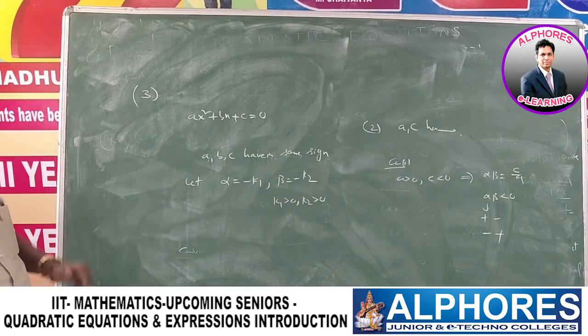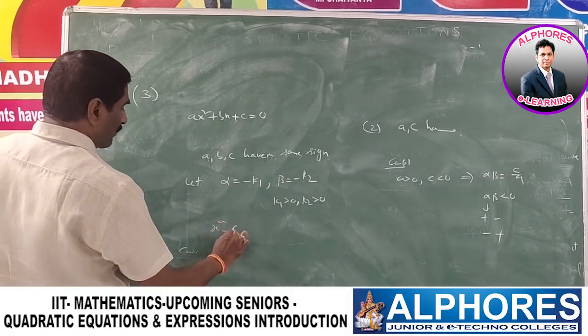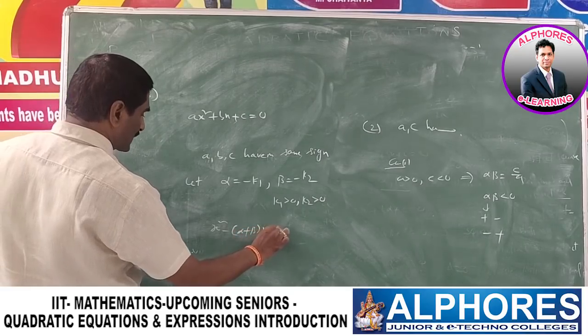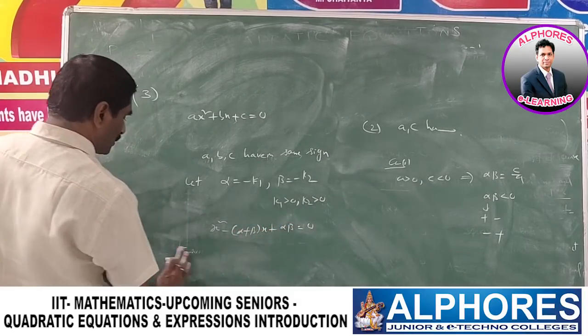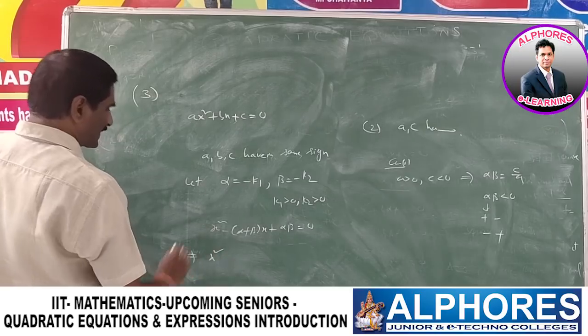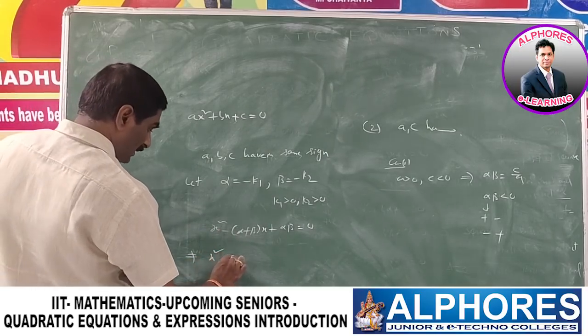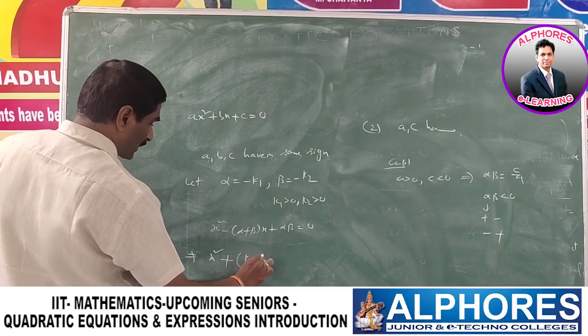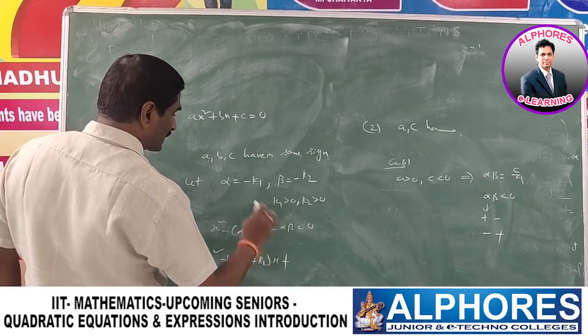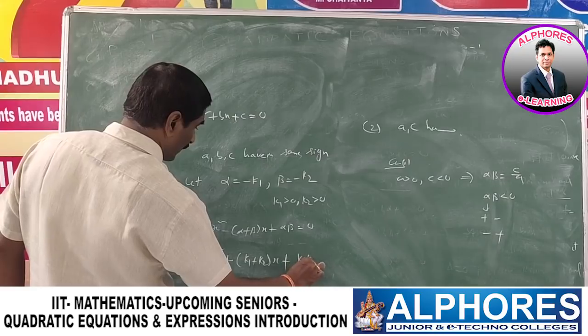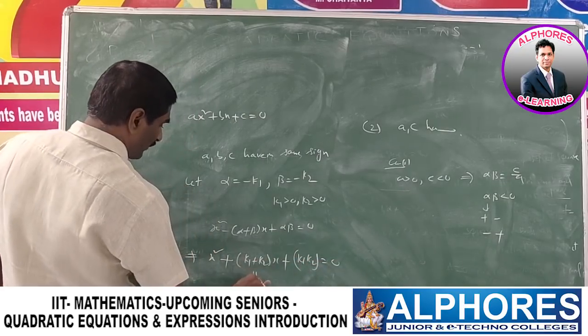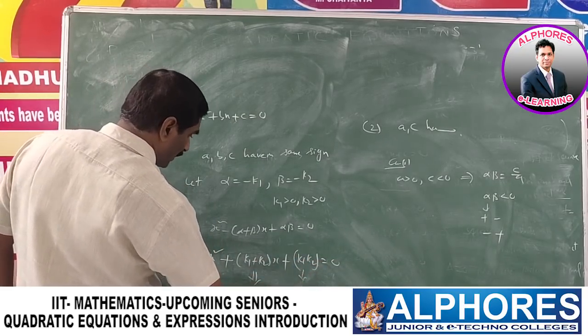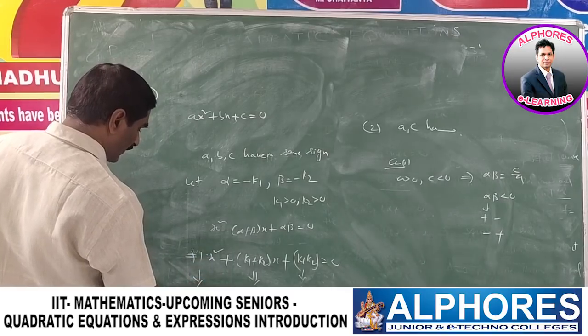Then the quadratic equation is x square minus alpha plus beta into x plus alpha beta is equal to 0. That means x square minus of k1 plus k2 into x plus minus k1 into minus k2, means k1 k2, is equal to 0. Here k1 plus k2 is positive, k1 k2 is positive, and the leading coefficient of x square is positive.